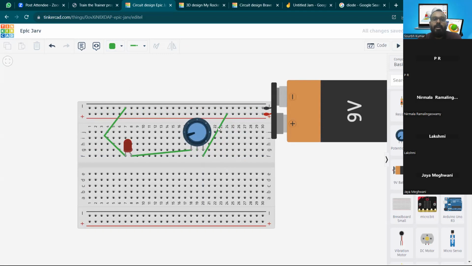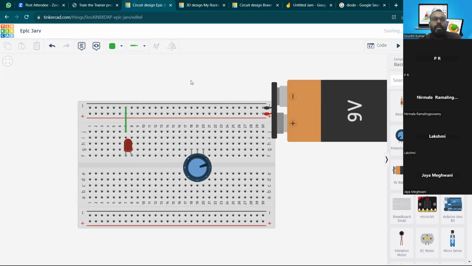Whenever you do the designing now, try to arrange the components perfectly, otherwise it will create a problem. So let me rotate it a little. Now it is connected. I'm taking one wire and connecting it to the negative one. Done.